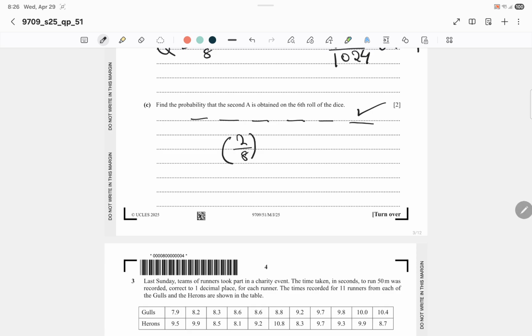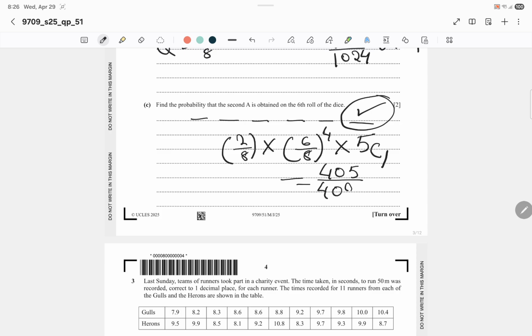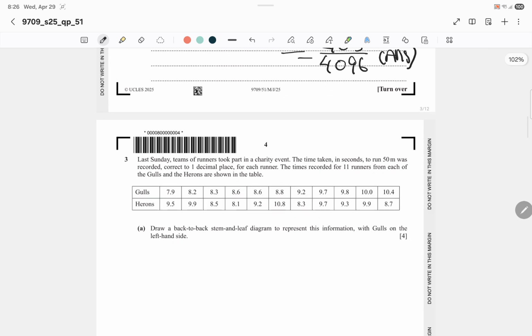He gets 2/8 on 1 into not getting this, which is 6/8, which is 1, 2, 3, 4 since 2 over, yeah, 4 into 5c1, because this one possibility can be anywhere. Okay, this one is fixed, so we don't have to include this. So we get 405 over 1024. Again, writing in fractions is better. Mark scheme accepts both, but just saying it's better to write in fraction.